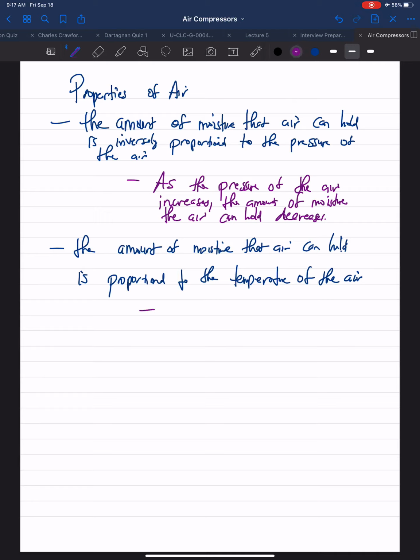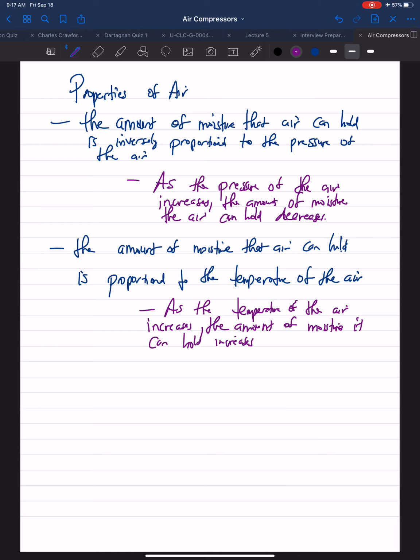Meaning, as the temperature of the air increases, the amount of moisture it can hold increases.